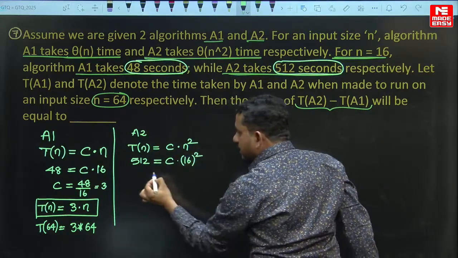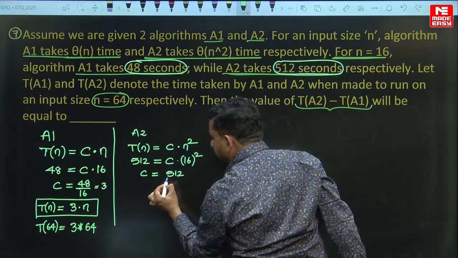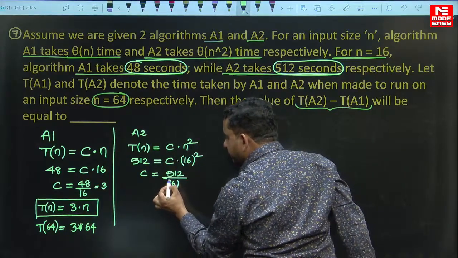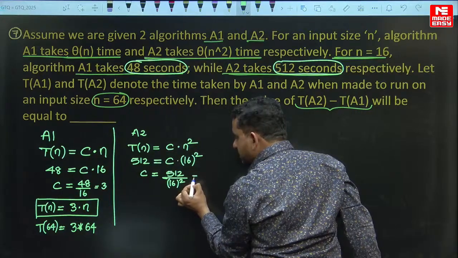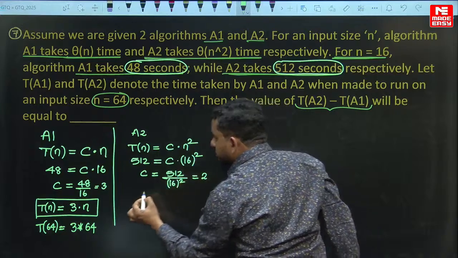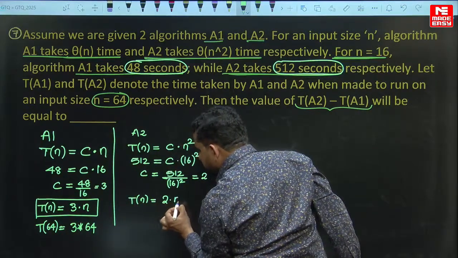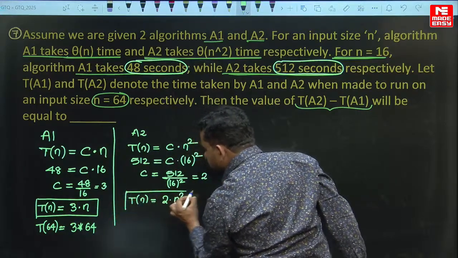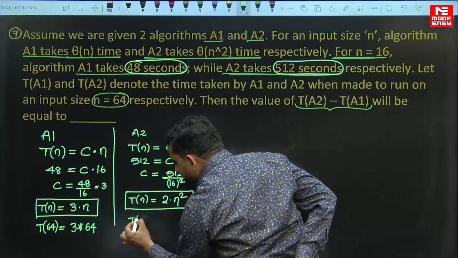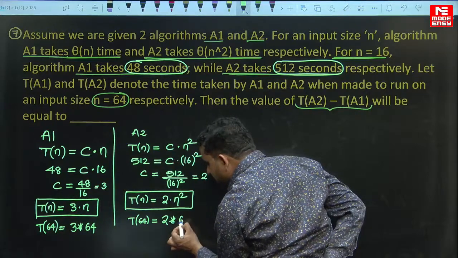Then C equals 2 power 9 divided by 2 power 4 whole square, that is 2 power 8, so 2 power 9 by 2 power 8 is 2. So the second algorithm time complexity is 2 times n square. Then what is the time required for 64 input? T of 64 is 2 multiplied with 64 whole square.